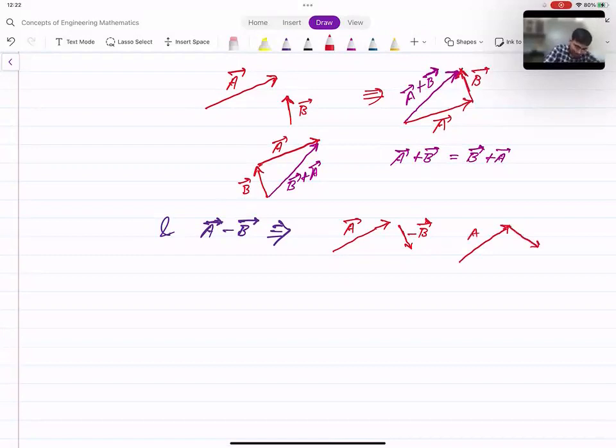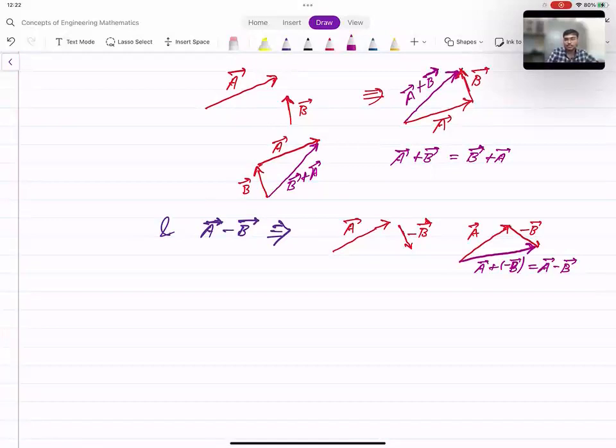So this is vector A, this is negative of vector B, and if we join them, again applying the vector law, we can say that this is vector A plus negative of vector B, which is nothing but vector A minus vector B. This is how the difference is determined. So this is the way of addition and subtraction of vectors.